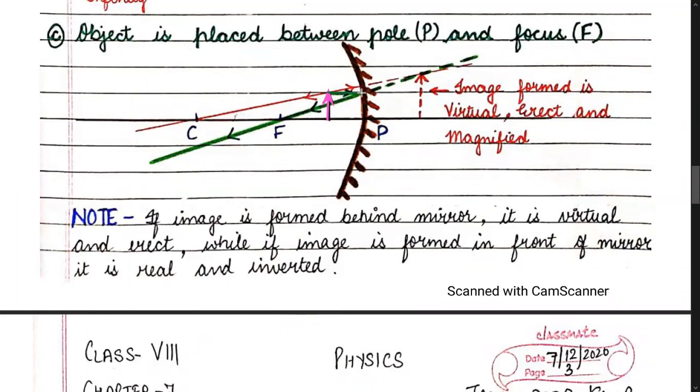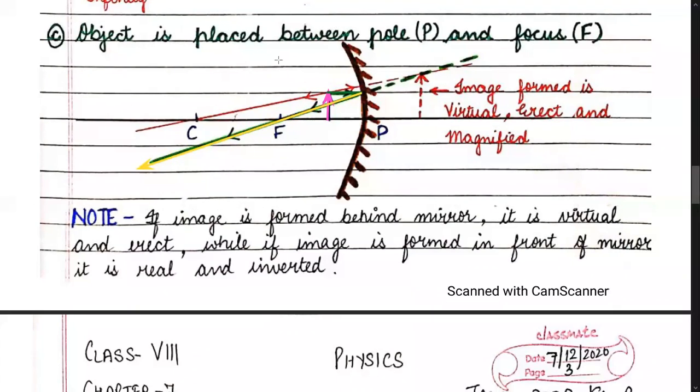The rules are the same here. The ray parallel to principal axis, after striking the mirror, reflects and passes through focus. So if the ray is incident parallel to the principal axis, after getting reflection, it passes through the focus point.